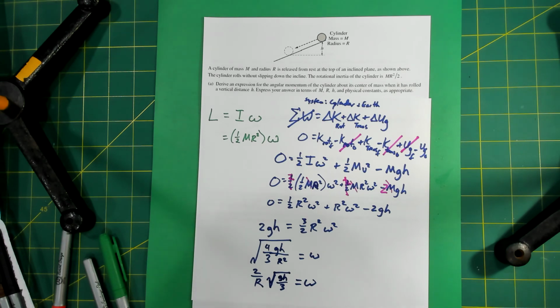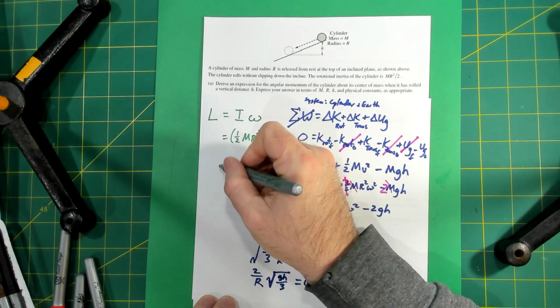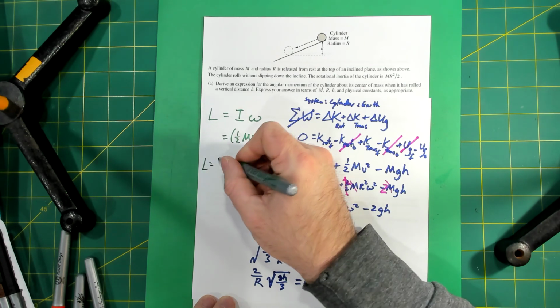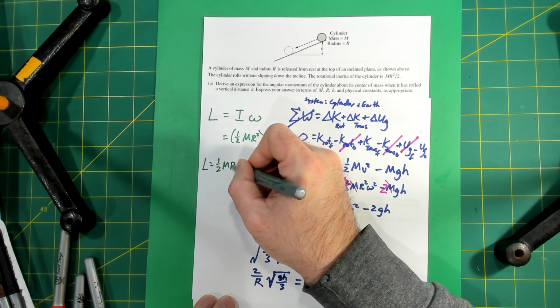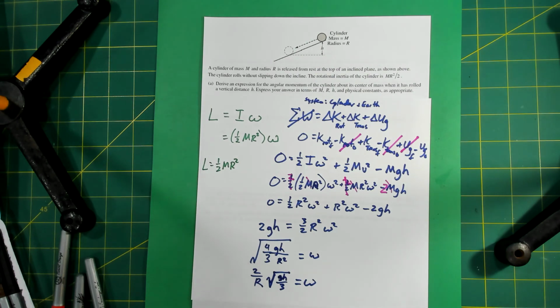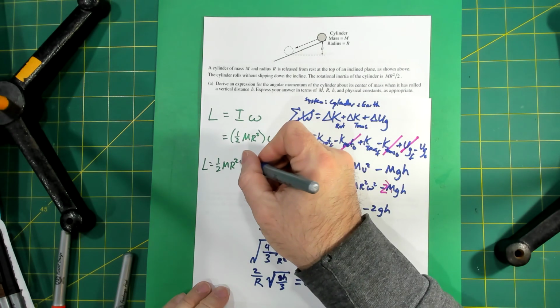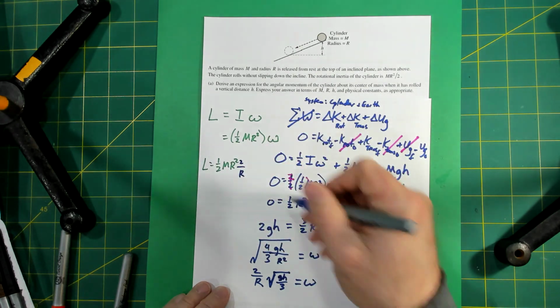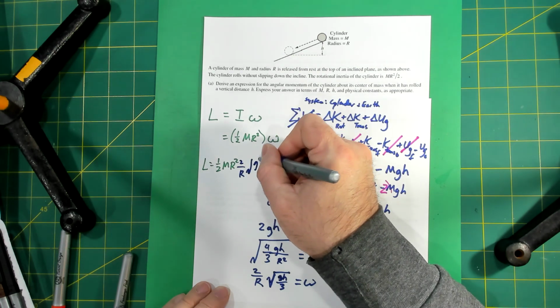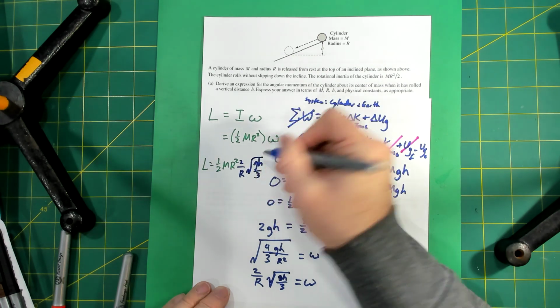I guess I'm going to go ahead and move that up there. And then where it said omega, we've got a 2 over r root of gh over 3, right?